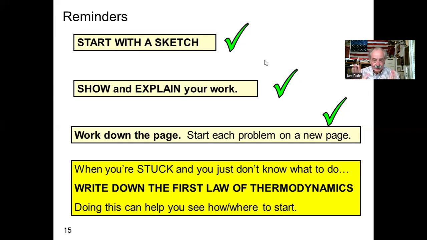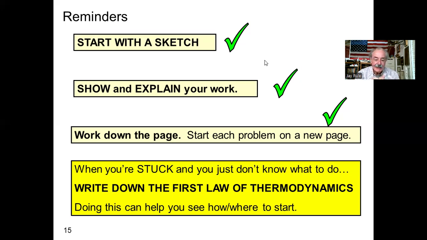Now, if you've looked at my videos, if you've joined online, the best advice that I received as an undergraduate, as a graduate student, and then even into my own career, when you're stuck and you just don't know what to do, that can happen in an exam, can it? Write down the first law of thermodynamics. Write down the first law.